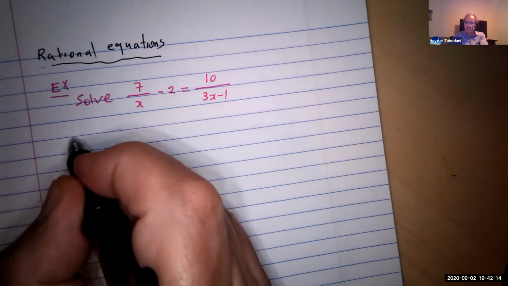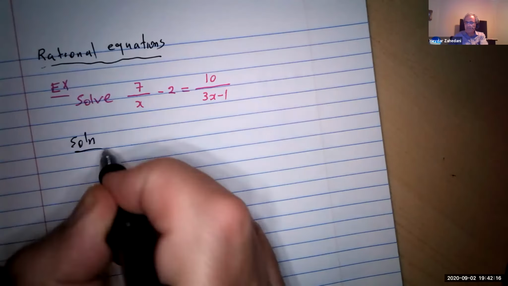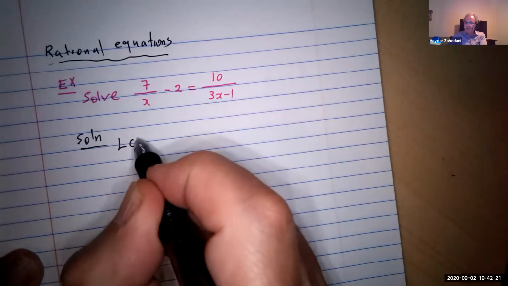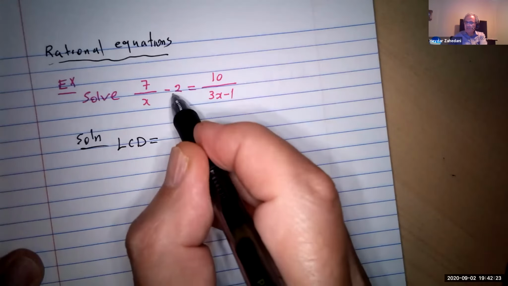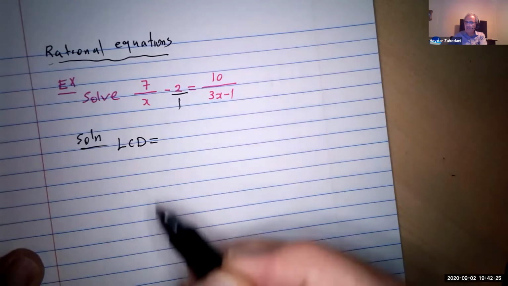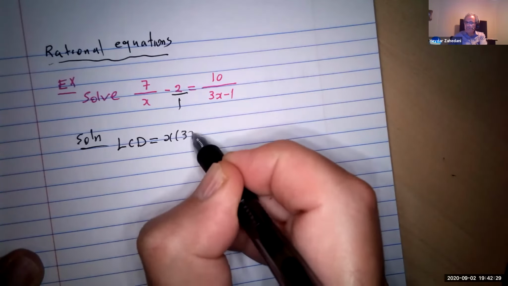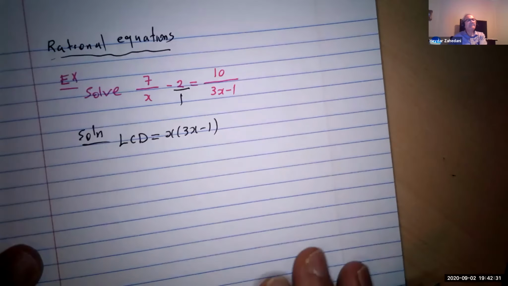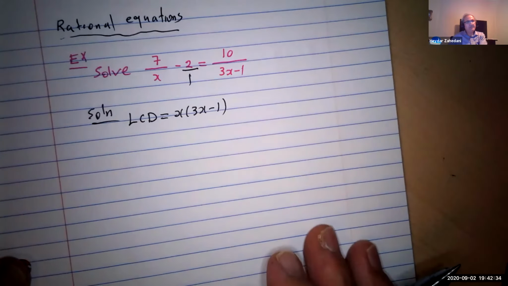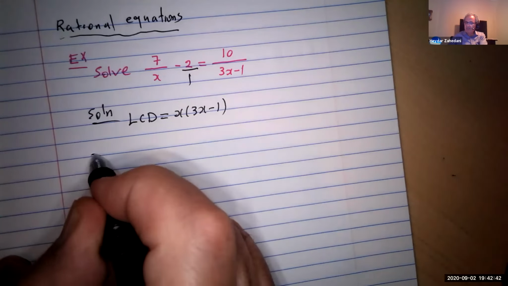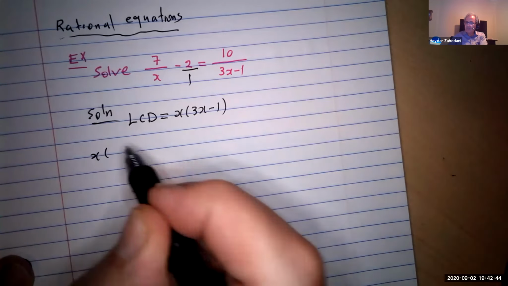So the solution is going to be, the least common denominator. You see, you can think about the denominator here as 1. So the least common denominator would be x times 3x minus 1. Start multiplying both sides of the equation by x times 3x minus 1. So 1 by 1, it's going to be x times 3x minus 1.